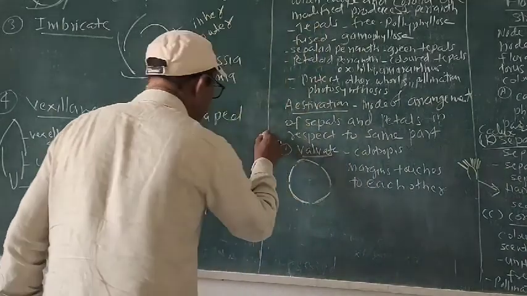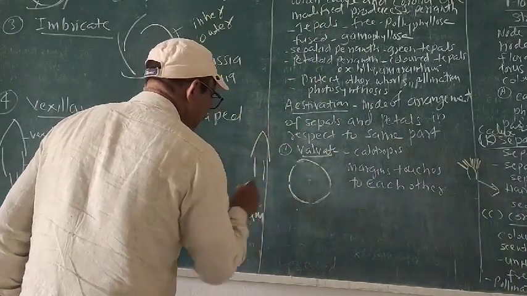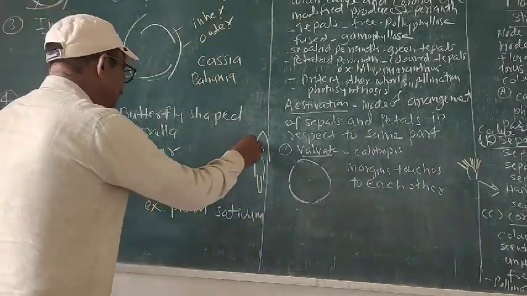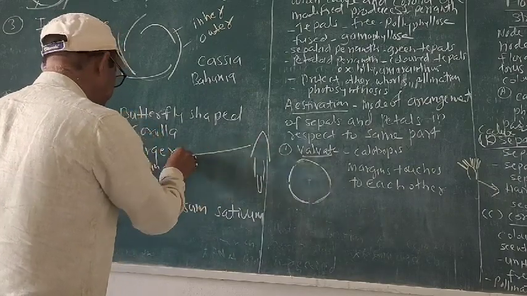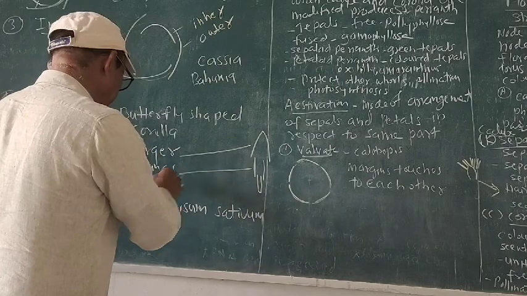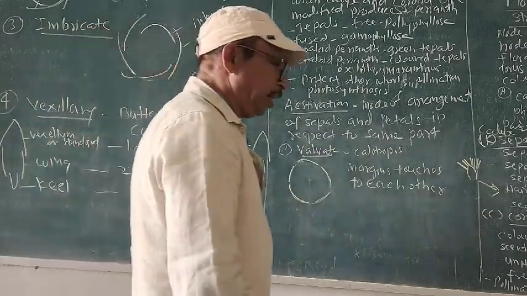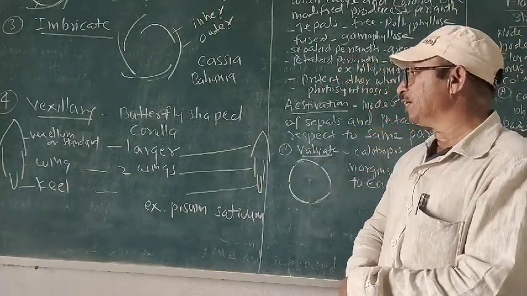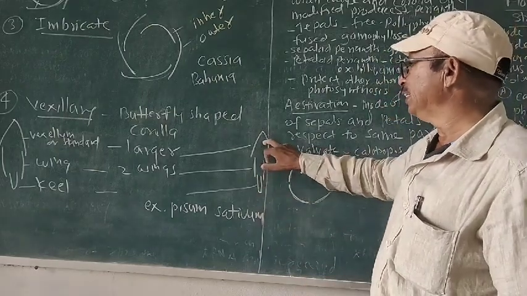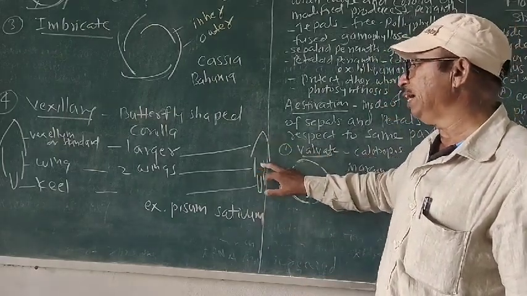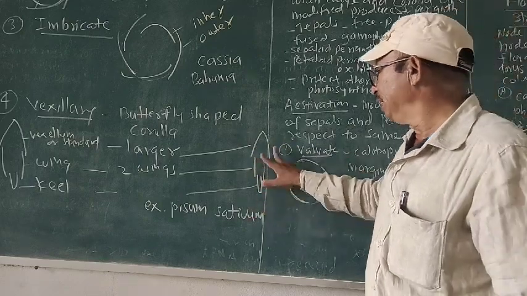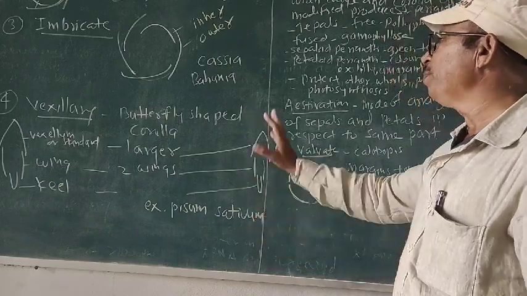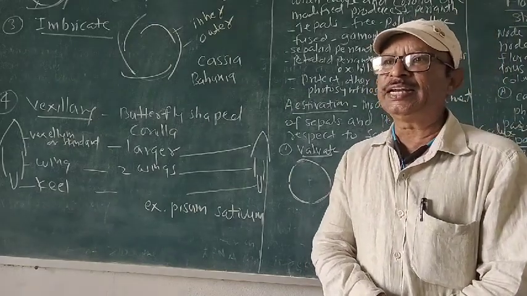One is completely at the outer side, two are at the inner side, and two are again at the inner side. The uppermost largest one is called the standard, the two at the side are the wings, and the lower ones united are the keel. In the pea plant or Clitoria, we find this type of arrangement. It is a butterfly-shaped structure, that is called the vexillary aestivation.